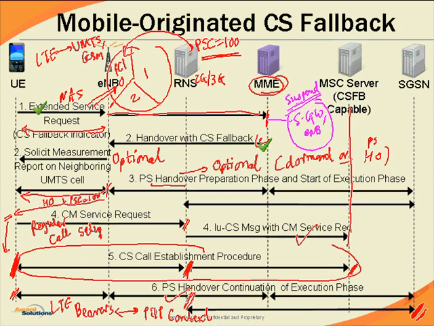CS fallback means that right now you are on LTE. Only to make or receive a voice call, you go to an alternative 2G, 3G technology, and then you come back to LTE for data. So both technologies must be overlapping, must be available in that specific location.